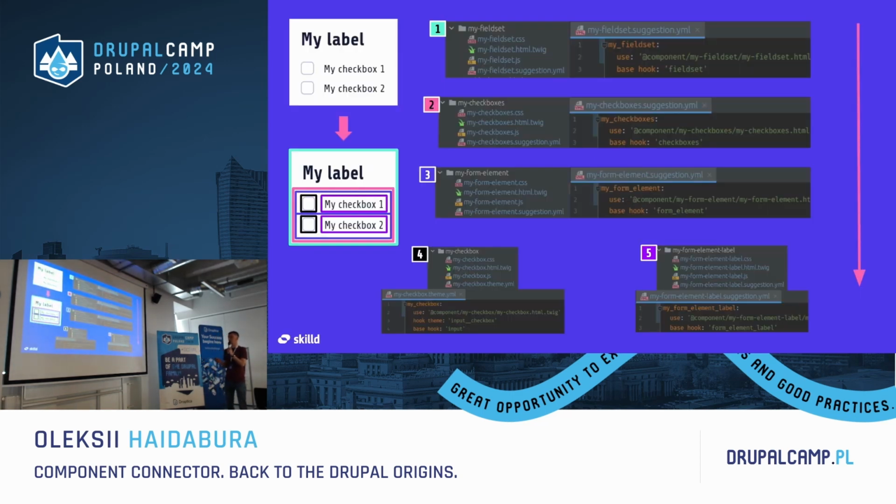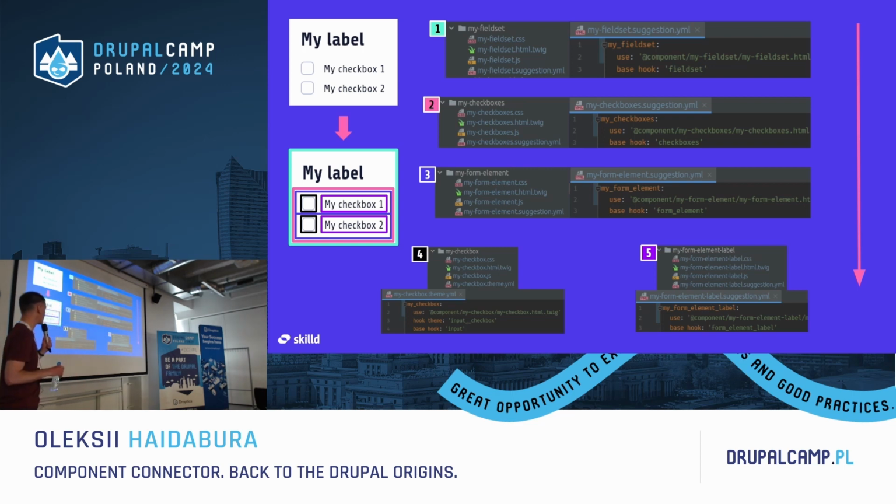And here you may, of course, integrate or interrupt the process on any level. That's only up to you, what exactly you want to change. Wrapper or specific element, which means in practice, in real life, usually if you want to change the view of some input element, you can use preprocess, right, or suggestion or something else.